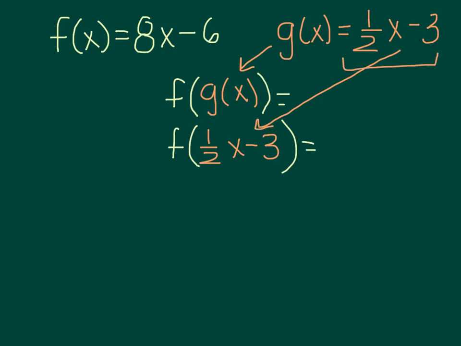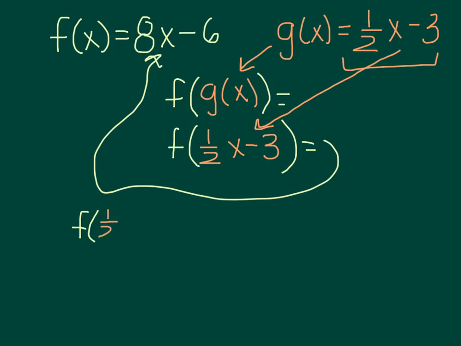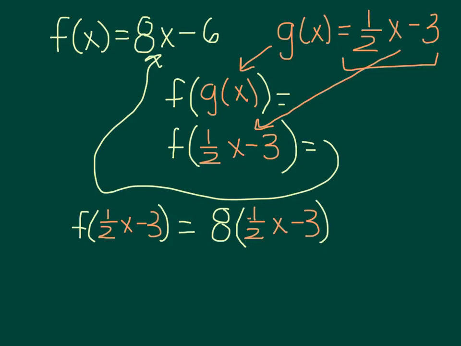So now I take this expression and replace the x with it. So f of 1/2 x minus 3 is going to equal, well, we have 8, and then here comes our x, so that's where I put 1/2 x minus 3, and then we still have the minus 6.